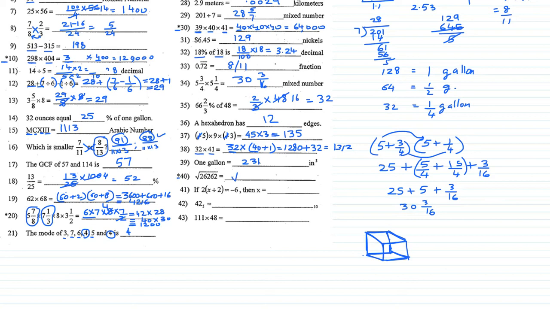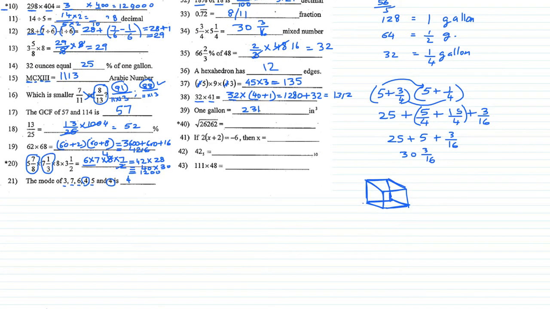One way to do this is think of this as 2, 6, Question 40, what is the square root of 26,262?